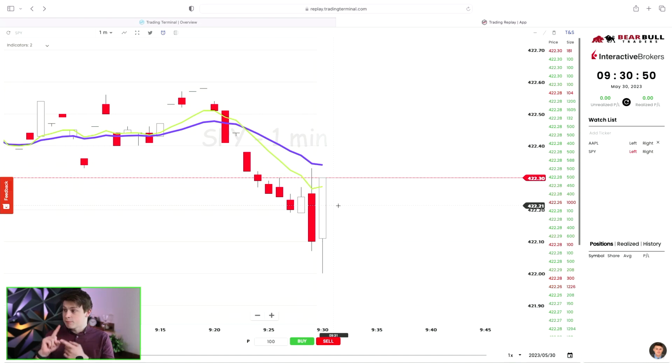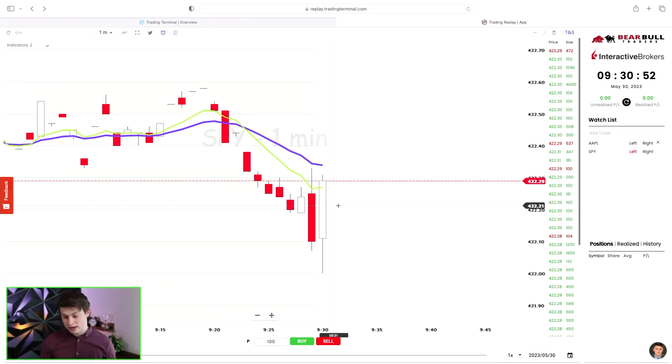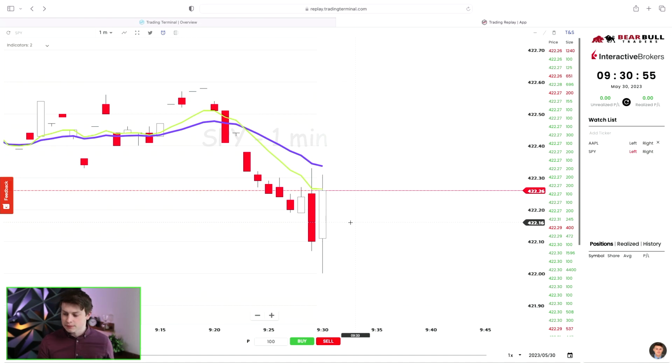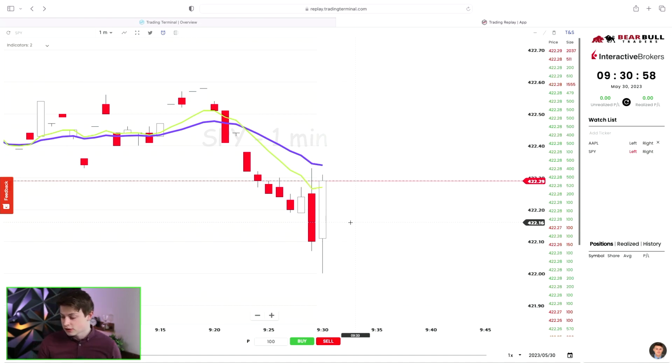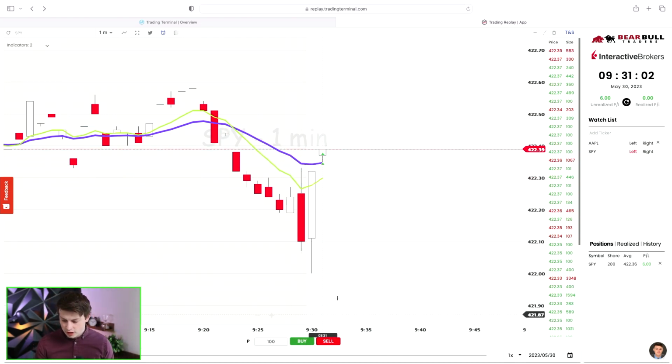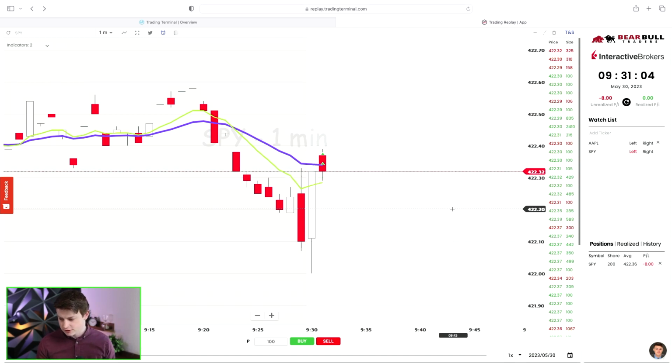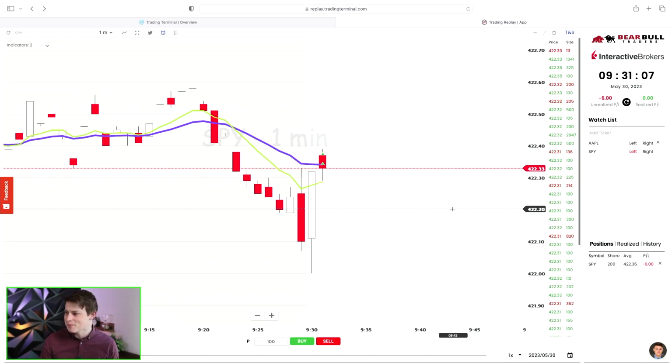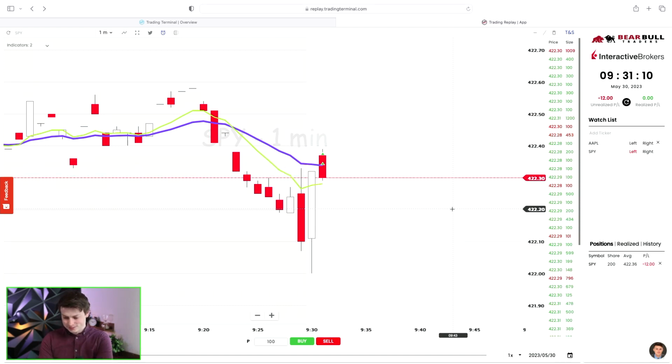It should be above both the 9 and the 20. That's what should happen here, in theory. So we're sitting at simulated time, it's about 9:31. Oh, and there we go. We're going to buy 200 shares. I meant to only buy 100, but I got a little trigger happy there. But anyway, we bought 200 shares.